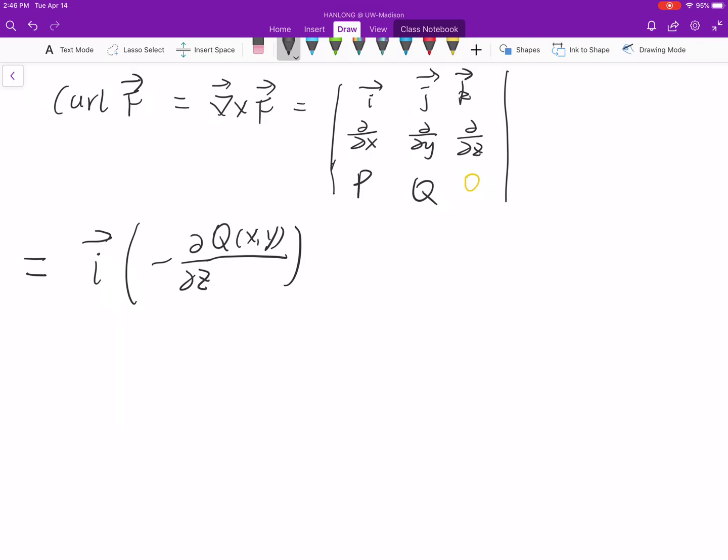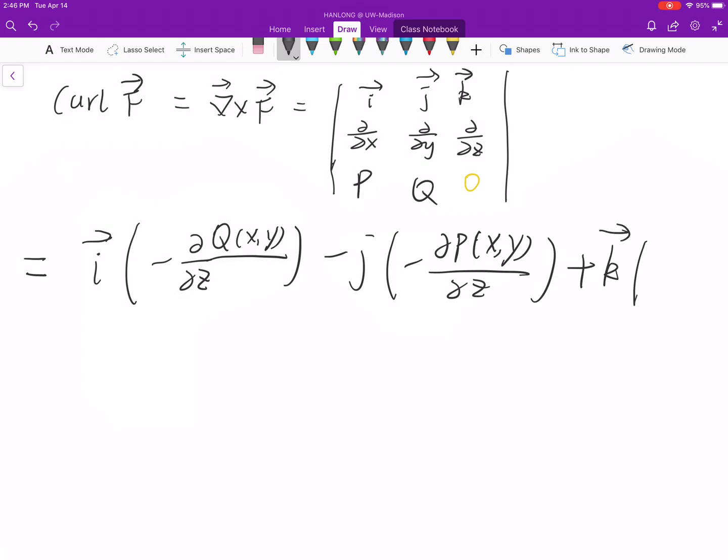Similarly for j, you have minus partial z of P(x, y), and lastly for k you have partial Q partial x minus partial P partial y.